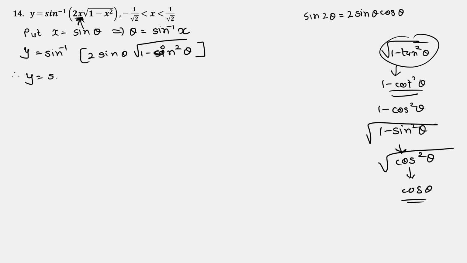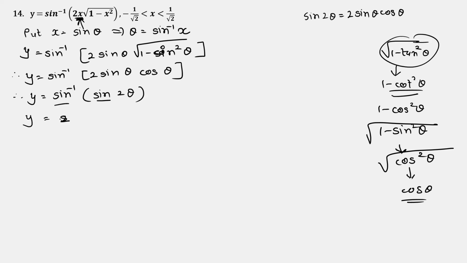So y is equal to sine inverse of 2 sine theta into cos theta, because 1 minus sine square theta is cos square theta, and under root of that is cos theta. 2 sine theta into cos theta is sine 2 theta. Sine inverse of sine came together, that's our adjustment, and we got 2 theta as the answer. Since theta is sine inverse x in this case, every time we used to take tan theta, but this time we use something different. According to the question, we have to think a little bit.